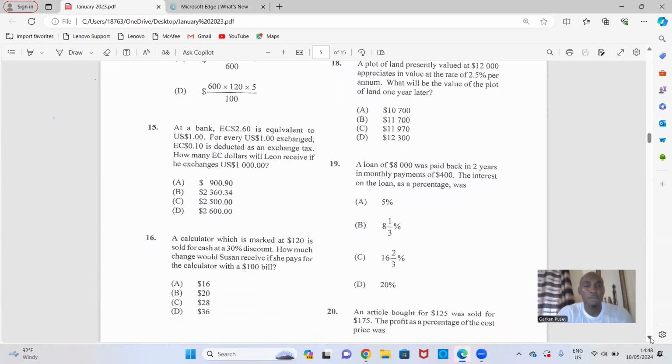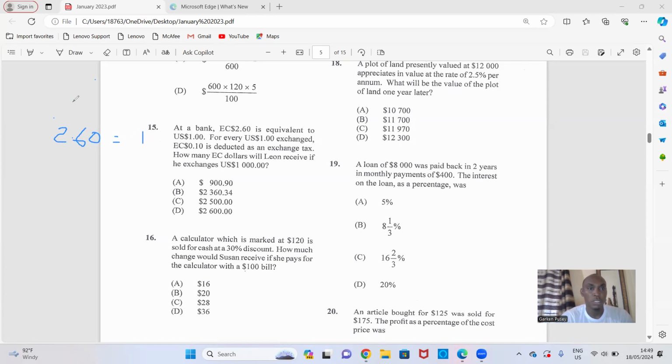Question 15 talks about foreign exchange. It says at a bank, Eastern Caribbean dollars $2.60 is equivalent to 1 US. So let me just write that properly. $2.60 is equal to 1 US.